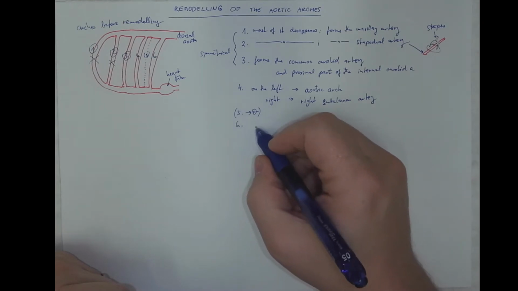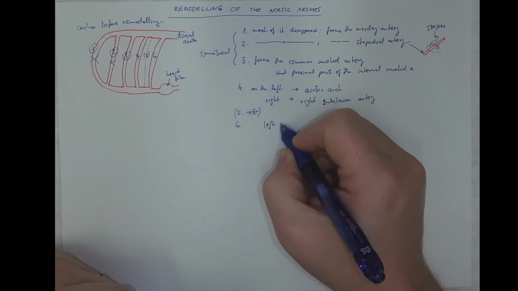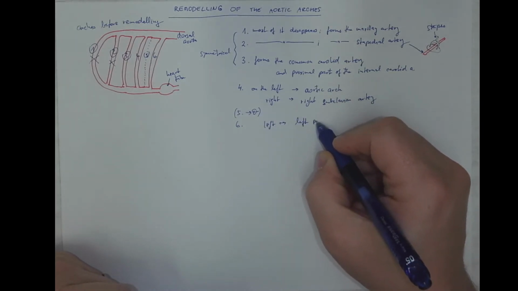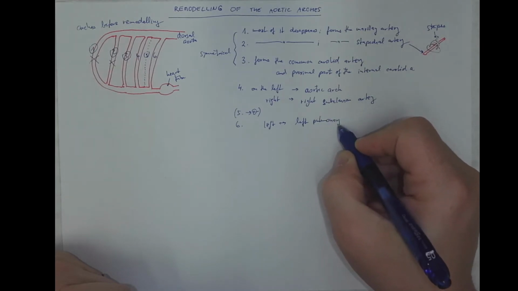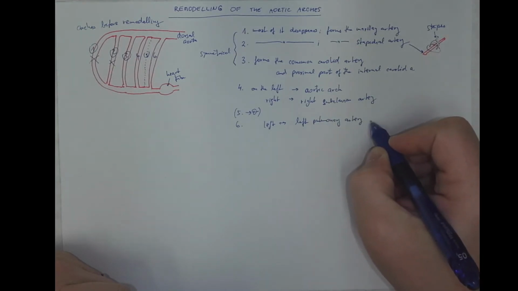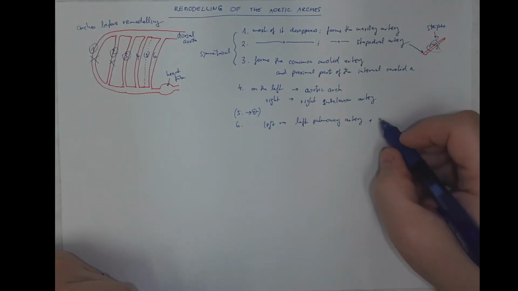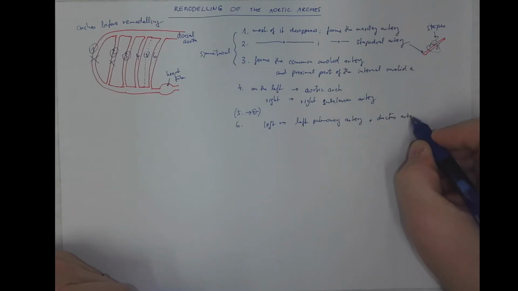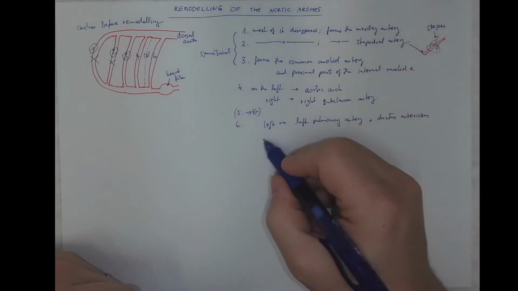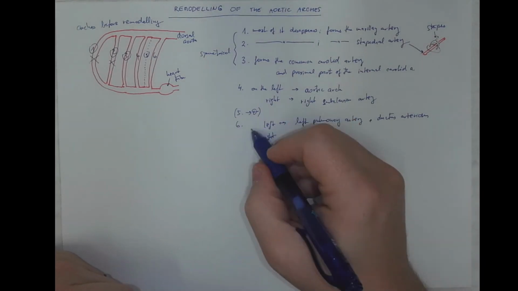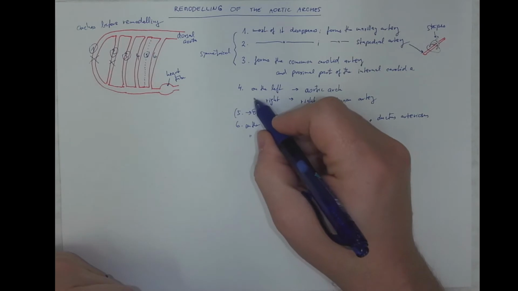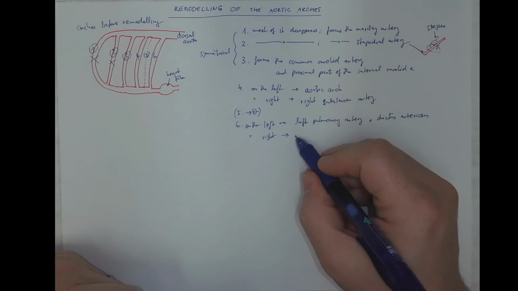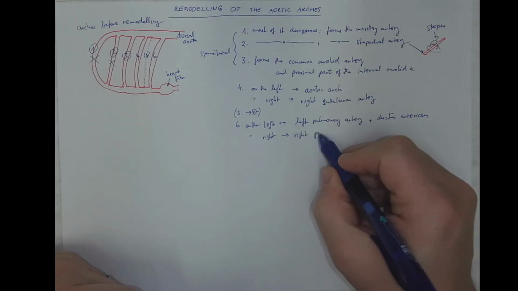The sixth, again, on the left, forms the left pulmonary artery plus a vascular connection called the ductus arteriosus. On the right side, the sixth arch forms the right pulmonary artery.